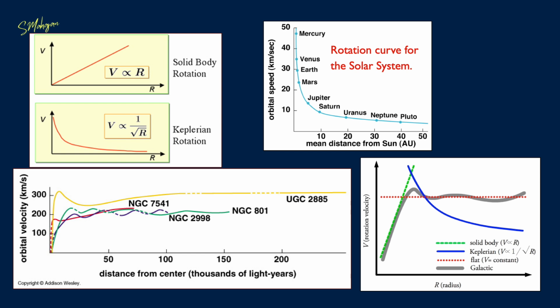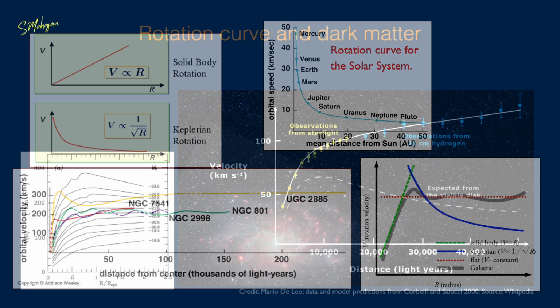Essentially, the galactic rotation curve shows that the center of a galaxy rotates as a solid body while the outer part is flat. This is unexpected in a standard scenario, as is the case with the rotation curve of the solar system, because as the radius increases, the velocity should decline. But a flat rotation curve evidently shows there is more matter in the disk than observed in the stars and gas.